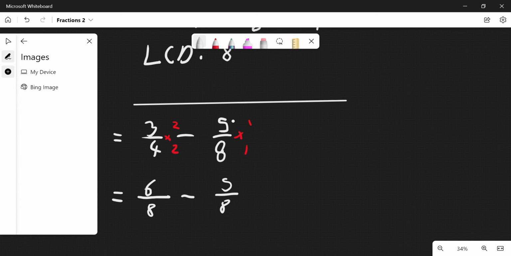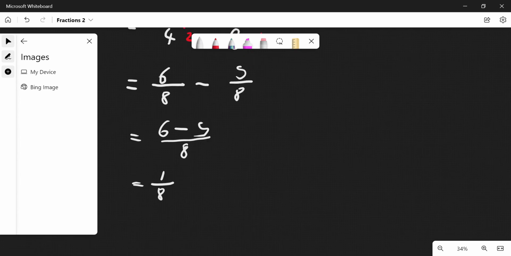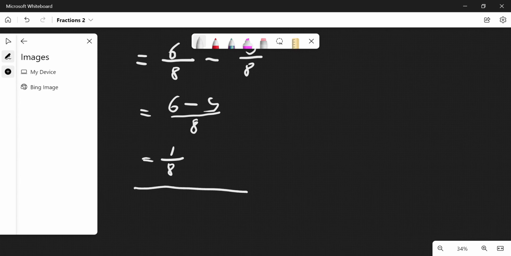And if you notice here, our denominators are the same. So we have a very simple sum here. We have 6 minus 5 over 8. And that is 1 over 8. And there is our final answer.